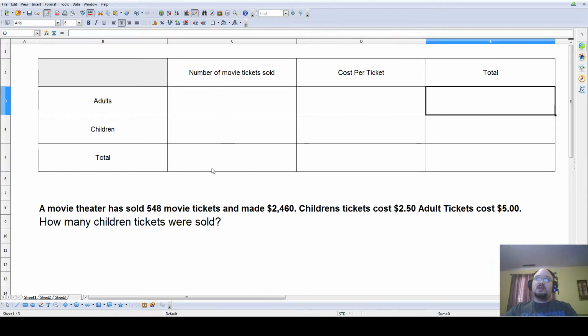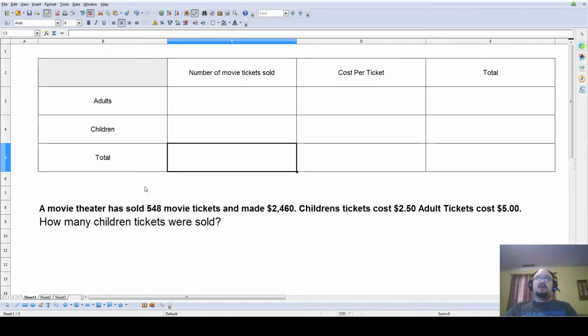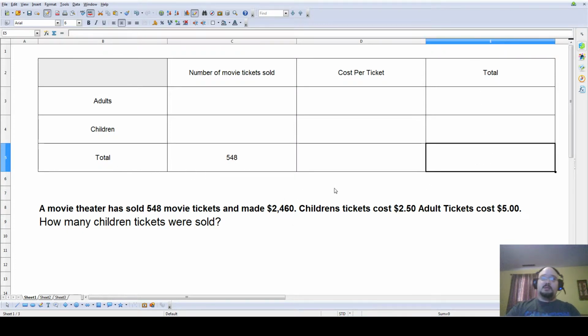So that goes in this cell here. So 548. So what else have they given us? They've given us this dollar value, right? That is a total dollar value. And so that would be 2,460. Great.